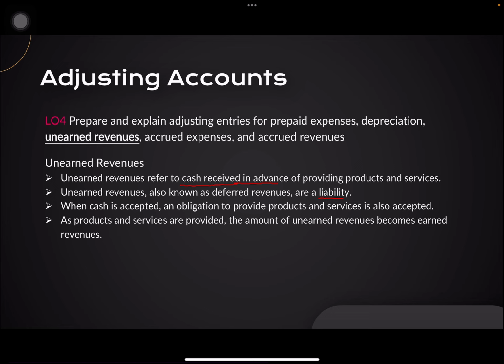As products and services are provided, the amount of unearned revenues becomes earned revenues. So initially, this unearned revenue would be a liability, right? That is, if you do not perform anything yet to satisfy your customer.